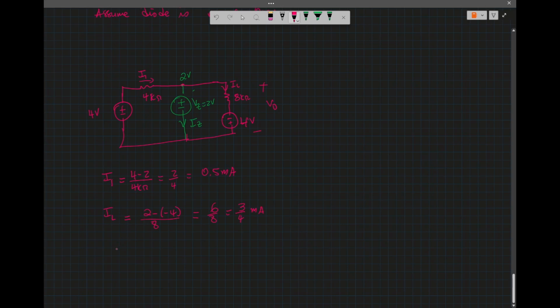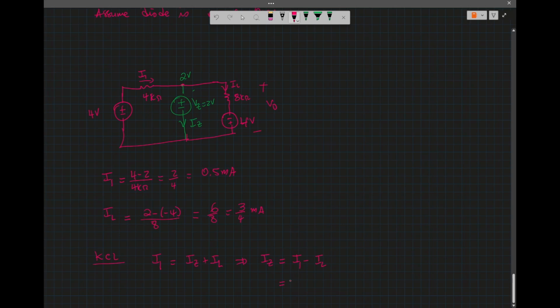And when we write KCL at that node, we have IZ plus I1 equal to IL. So I'm going to find IZ, which is equal to I1 minus IL.